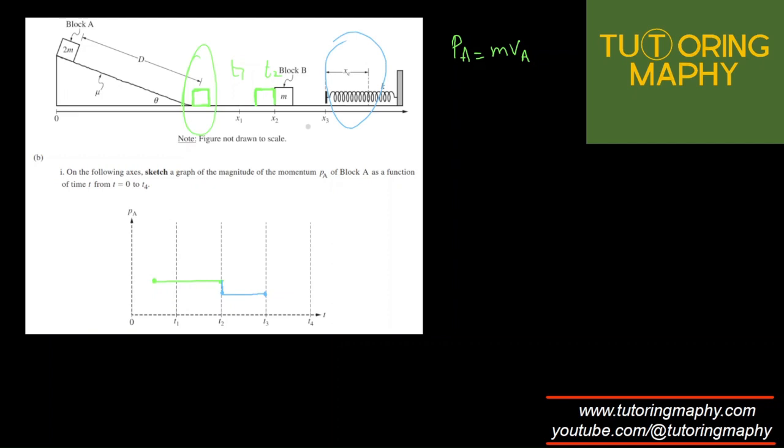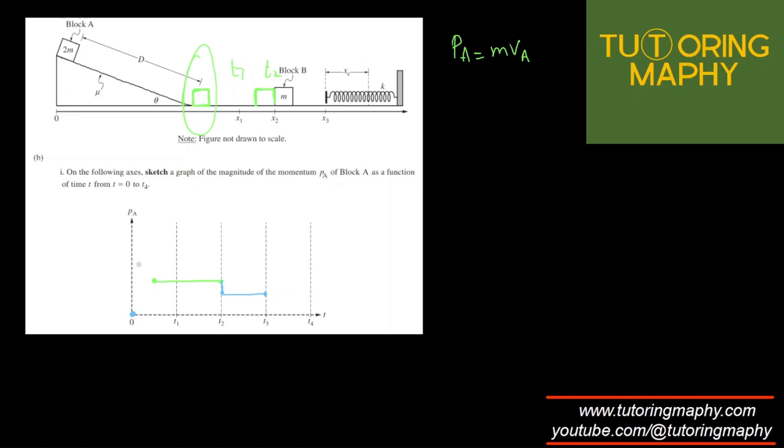And then something interesting is going to happen at the spring. We are going to talk about that in a minute. But what happened over here? Initially the momentum was 0. Now the question is whether it increased in a linear fashion or not.